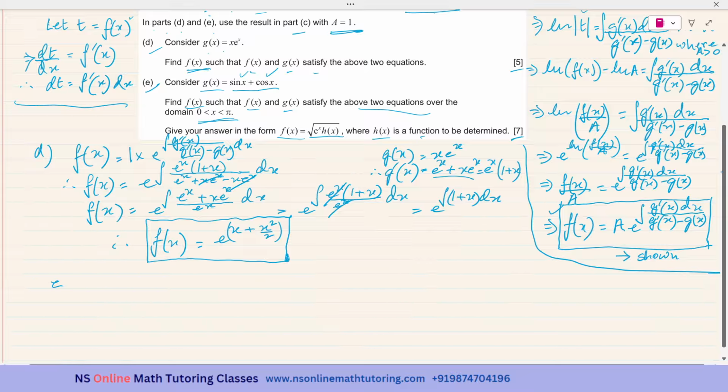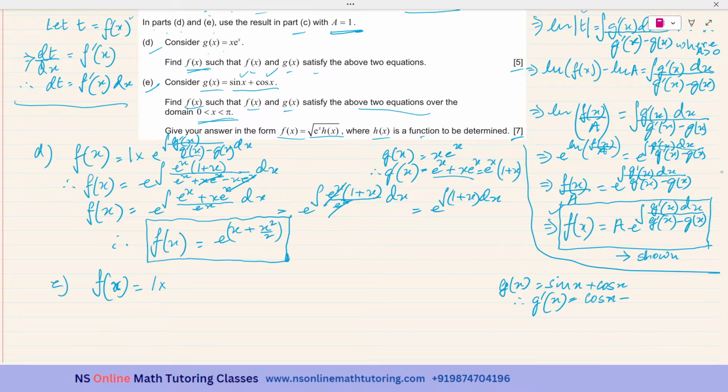So again, we have to take the same expression for f of x, and e is equal to 1. So 1 times, and let me now get the g dash x first. g of x is equal to sin x plus cos x. So therefore, g dash x is equal to cos x minus sin x.